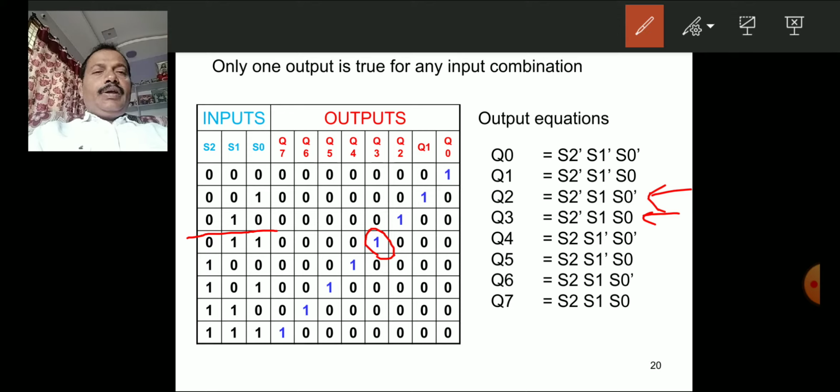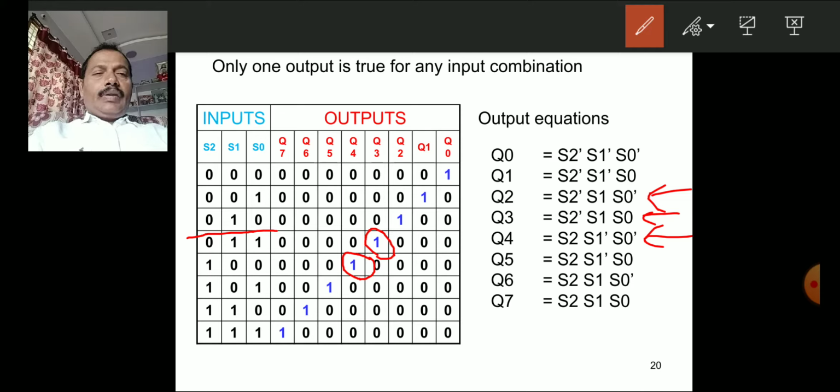Next, Q4 is 1 0 0, that means S2, S1 bar, S0 bar.